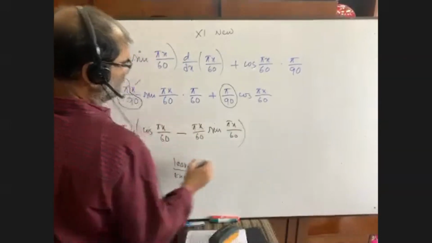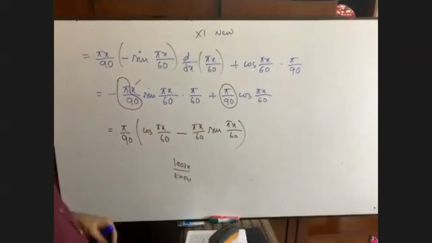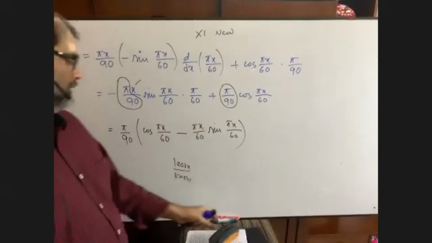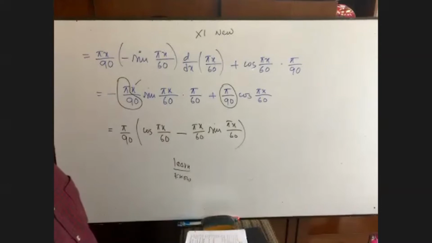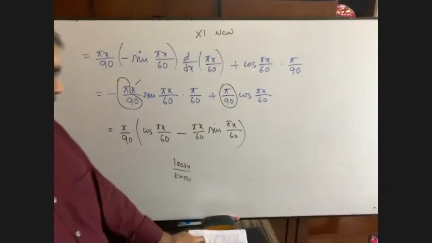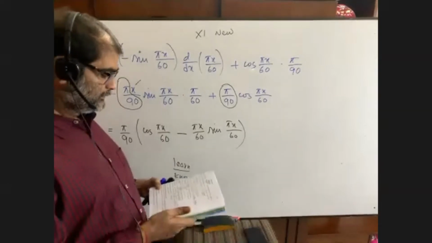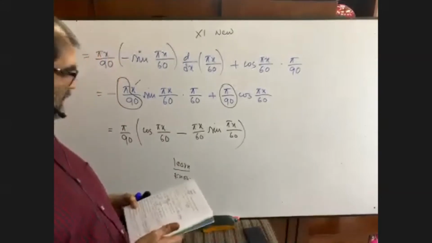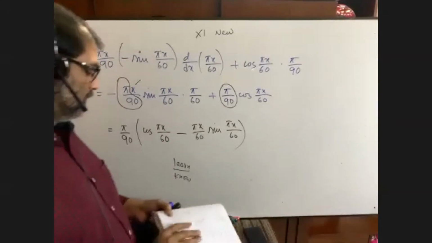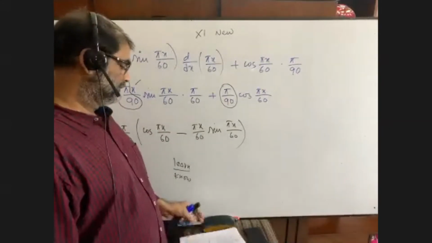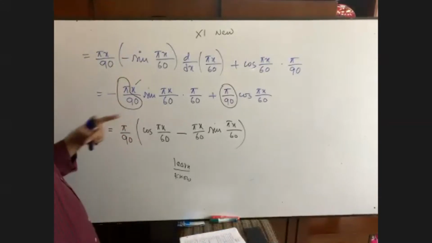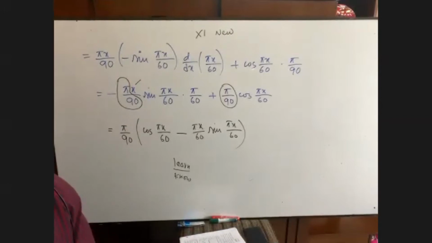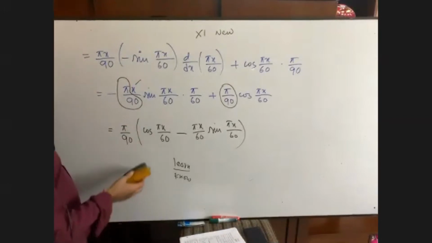This is the answer. Pi by 90, we are absolutely right. This math is given in the exam always, and every time the students fail to do it.